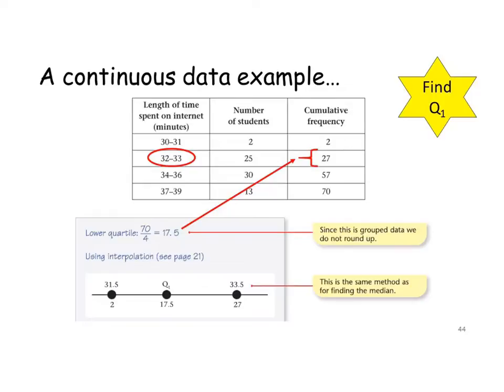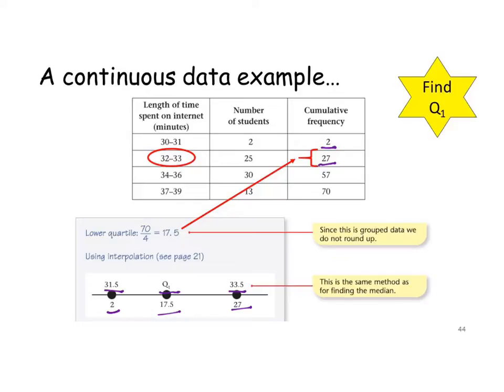So for the class 32 to 33, we have lower boundary of 31.5 and upper boundary of 33.5. And we want to find Q1 somewhere in the middle. And for our cumulative frequency, lower boundary is 2 and upper boundary is 27, and the position we want is 17.5. So we've set up our diagram.